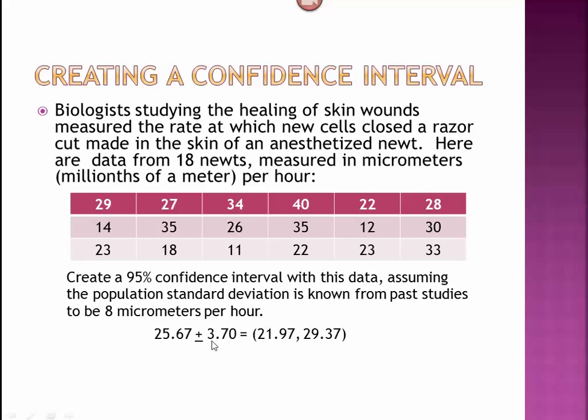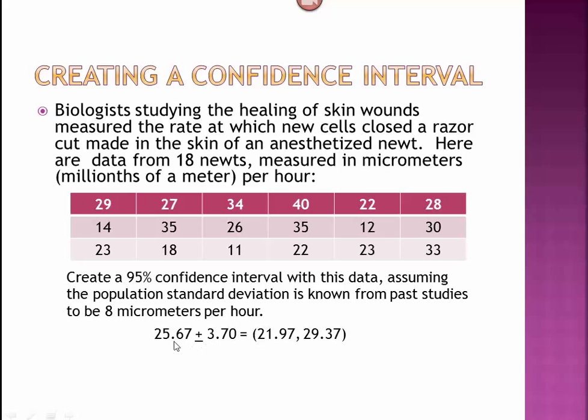I want to point out also another notation that is sometimes used, especially on WAMAP. In this notation, we took the point estimate of 25.67, and we just write it as plus and minus 3.7, which is our margin of error.